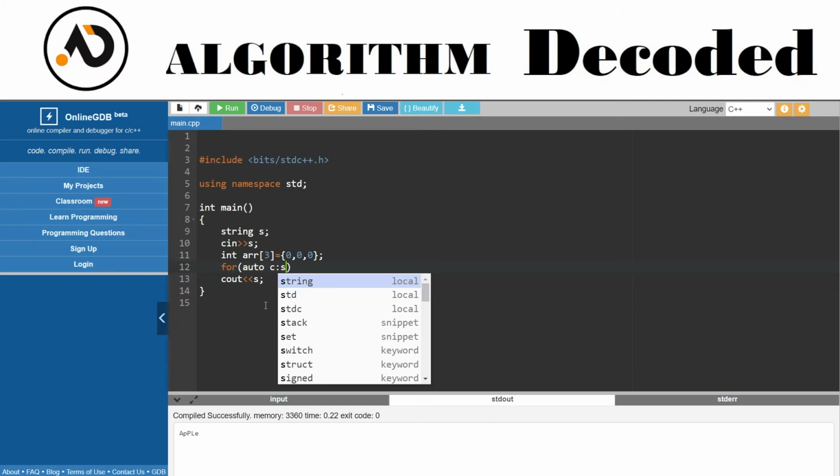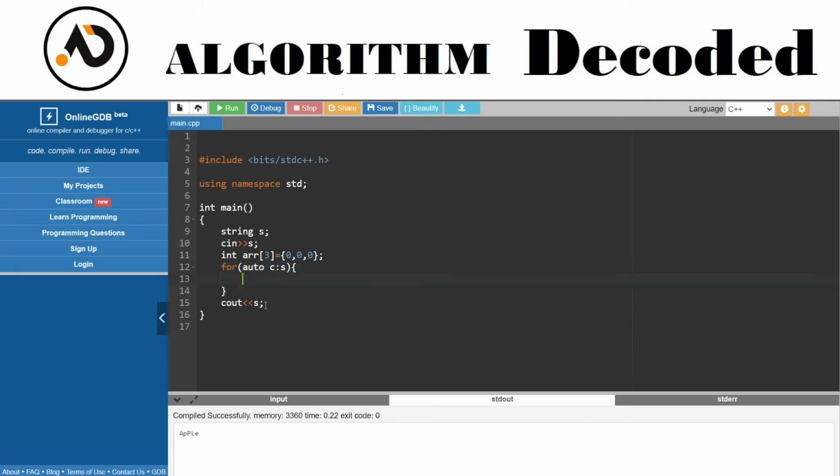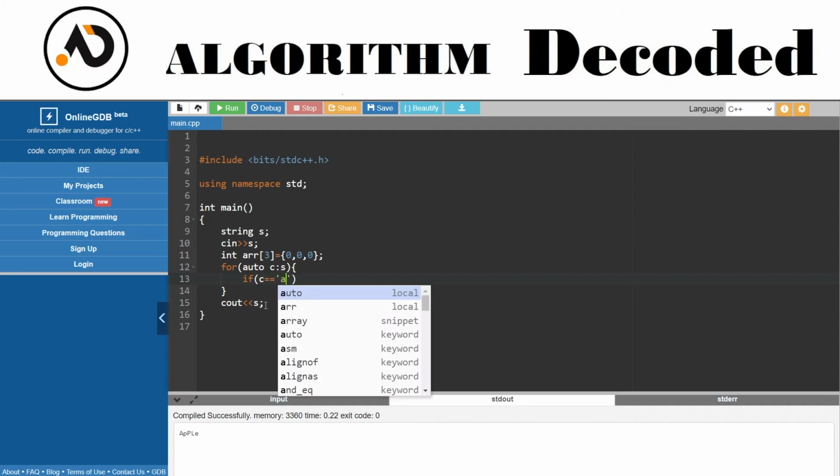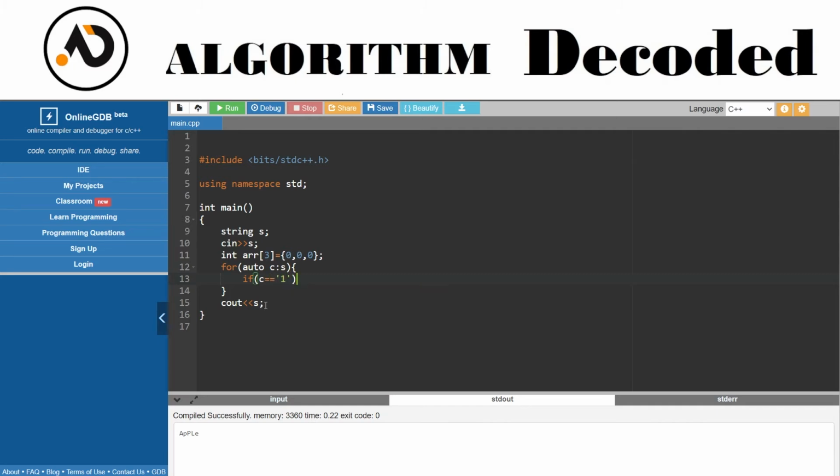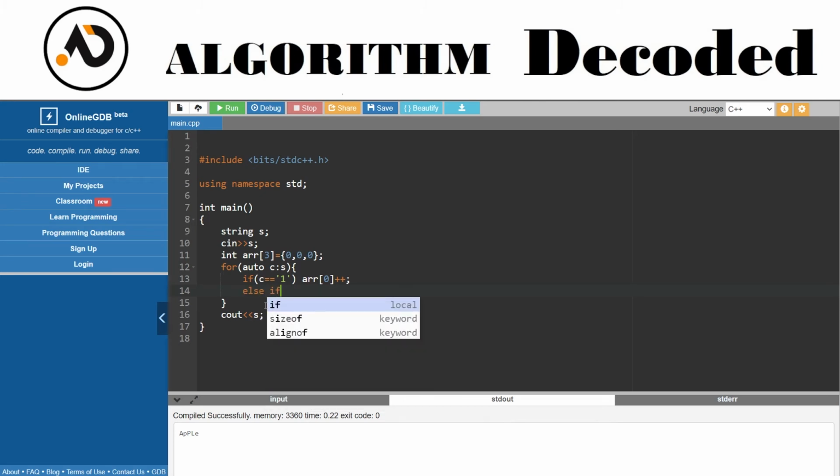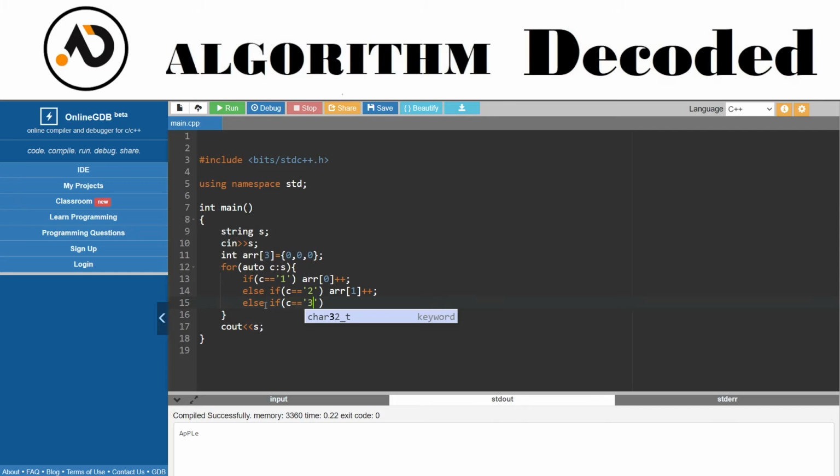So for the string part, if c is equal to 1, increment 0th, else if c is equal to 2, increment the first one, else if c is equal to 3, just increment the second one. ओके 0 1 2 तीनों के ऊपर काउंट आ जाएंगे कितने कितने हैं.